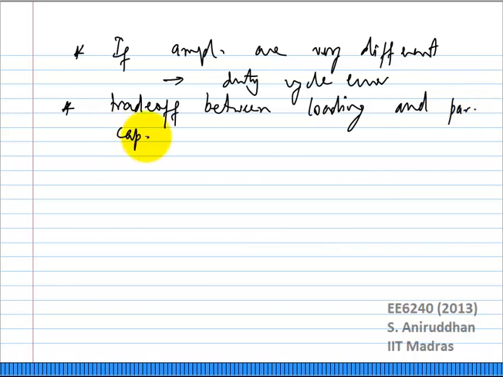So if I want to use such a polyphase filter to operate at, let us say, 5 gigahertz instead of 900 megahertz, the first thing I'll have to do is make these capacitors much larger, because the parasitic capacitances are much more dominant at higher frequencies. To get it to operate at 5 gigahertz, if you use the same resistance, the capacitance will be much smaller than at 900 megahertz.